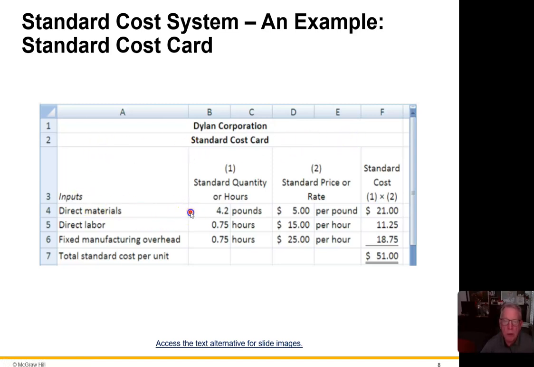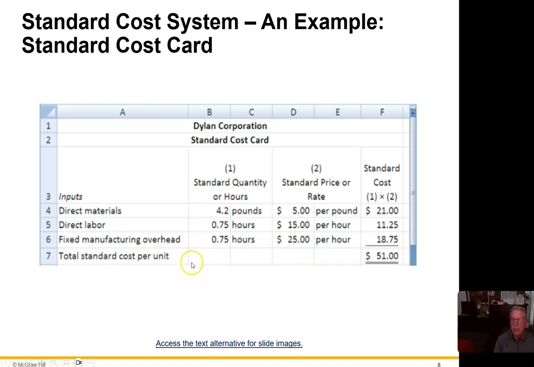So here we have direct materials. They used 4.2 pounds as the standard quantity, and direct labor, 0.75 hours, and fixed manufacturing overhead, the same as direct labor here, 0.75 hours. So our standard price is $5 for direct materials per pound, $15 for direct labor, and $25 per hour of fixed manufacturing overhead.